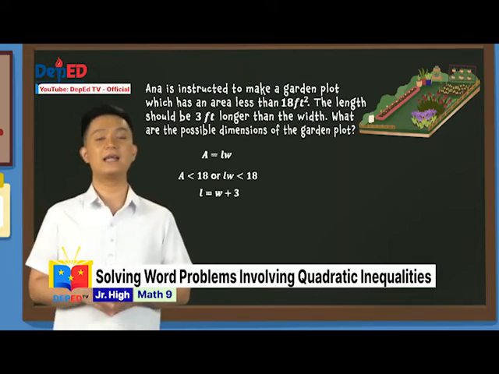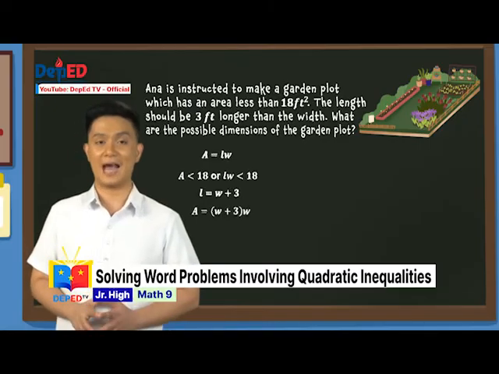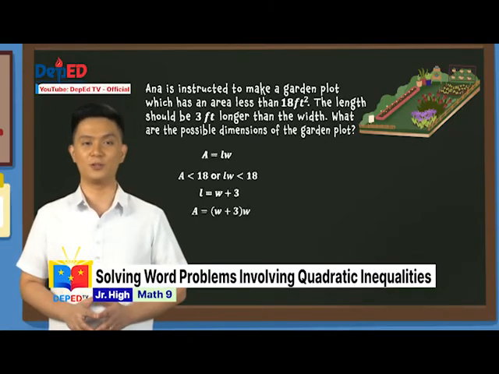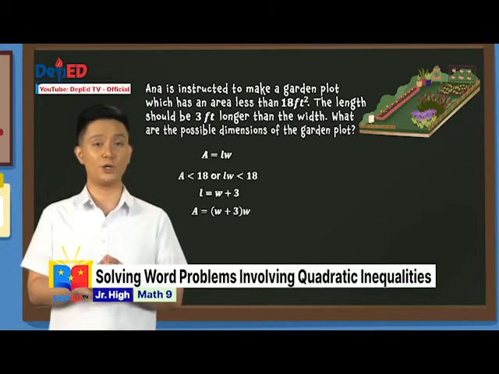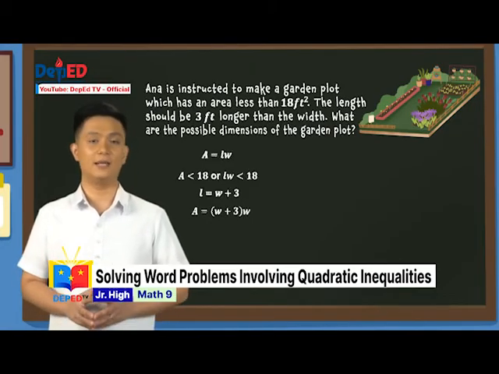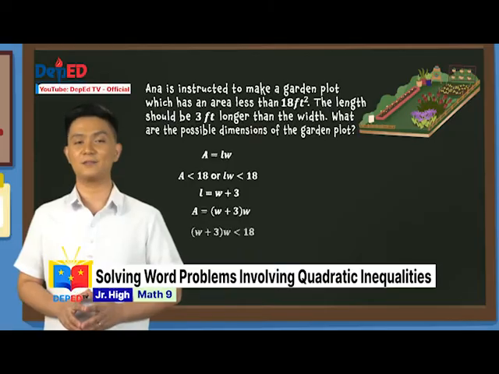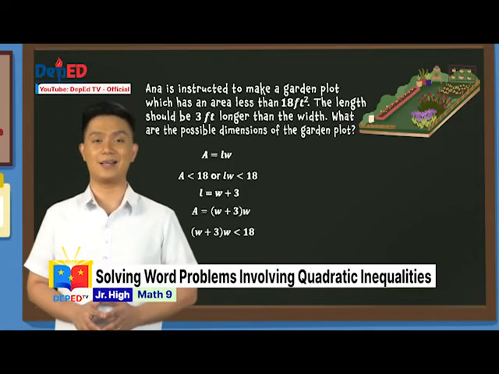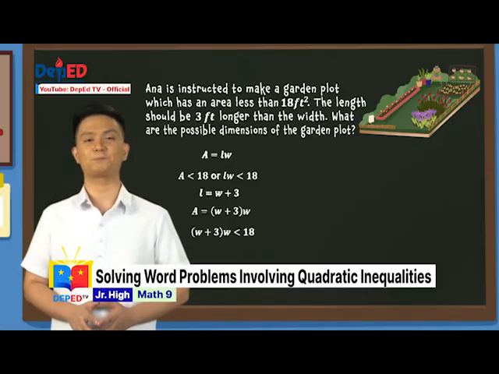And therefore, area will be expressed as the binomial W plus 3 times W. And in terms of the variable W, the inequality may now be written as the binomial W plus 3 times W is less than 18.